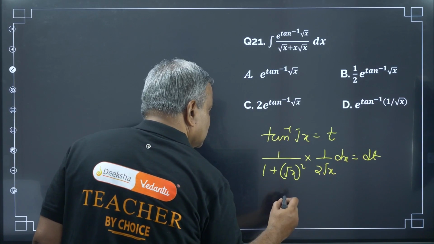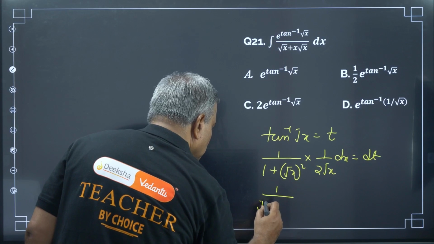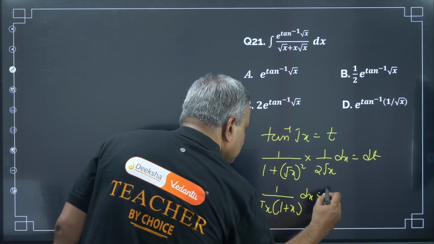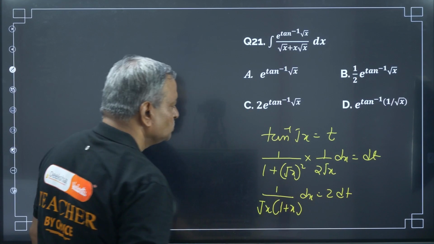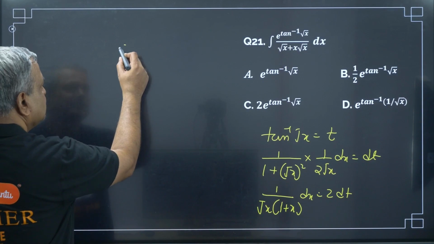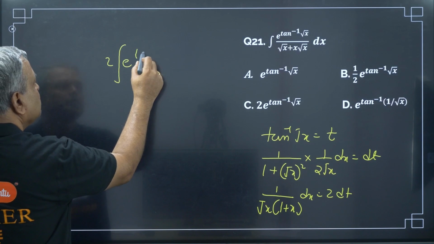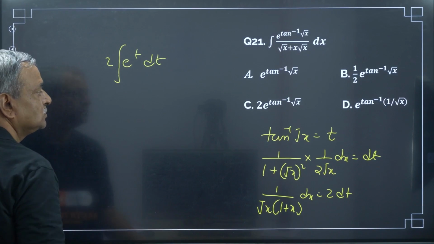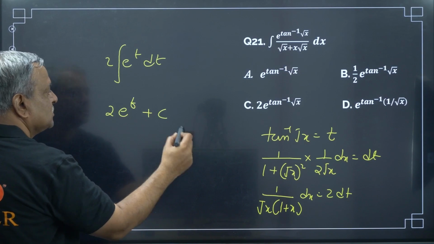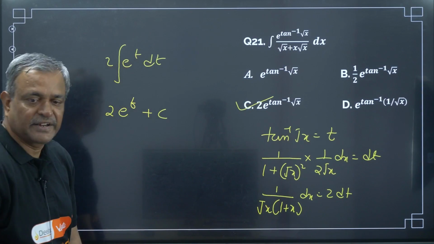So we get 1 by root x into 1 plus x dx is equal to 2 dt. Okay, so that is present in the denominator. So this becomes 2 e to the power t dt, which is 2 e to the power t plus c. So option C is correct.